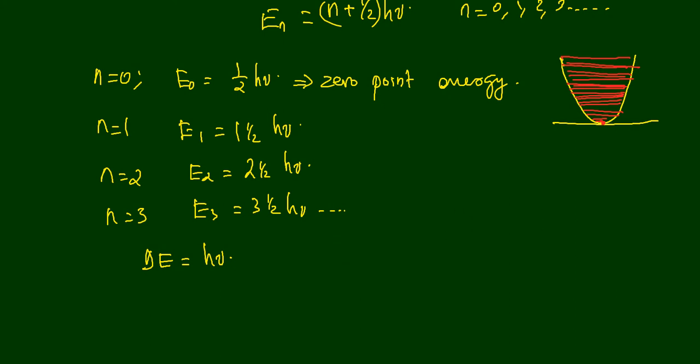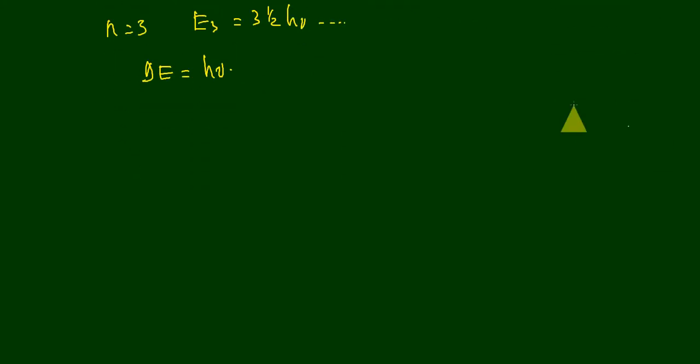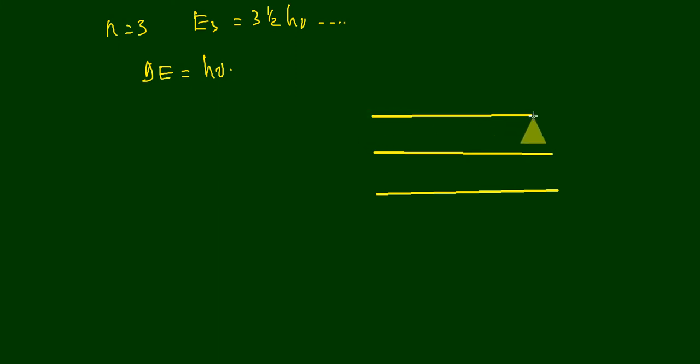If we plot the energy levels, we can plot like this. Here is one energy level, corresponding to n equal to 0, then another corresponding to n equal to 1, then n equal to 2, then n equal to 3, like that.